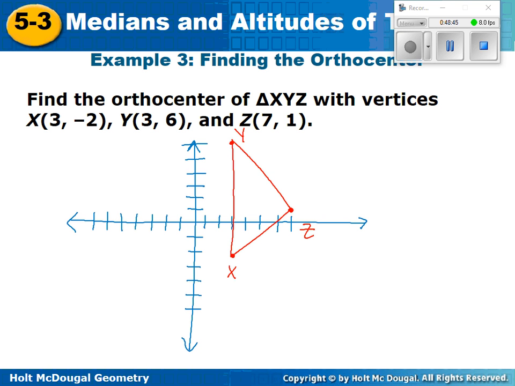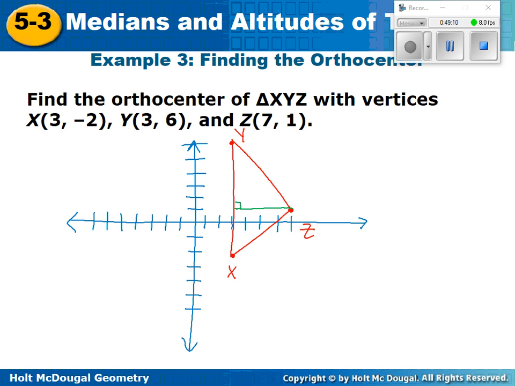So easy one, I agree with Edwin, would be going from Z over to our vertical line YX, right? So if it's vertical, what kind of line is going to be perpendicular to it? Horizontal. So easy one would probably be to draw that one in. So I'm going to go from Z straight across horizontal, perpendicular. There's my line.